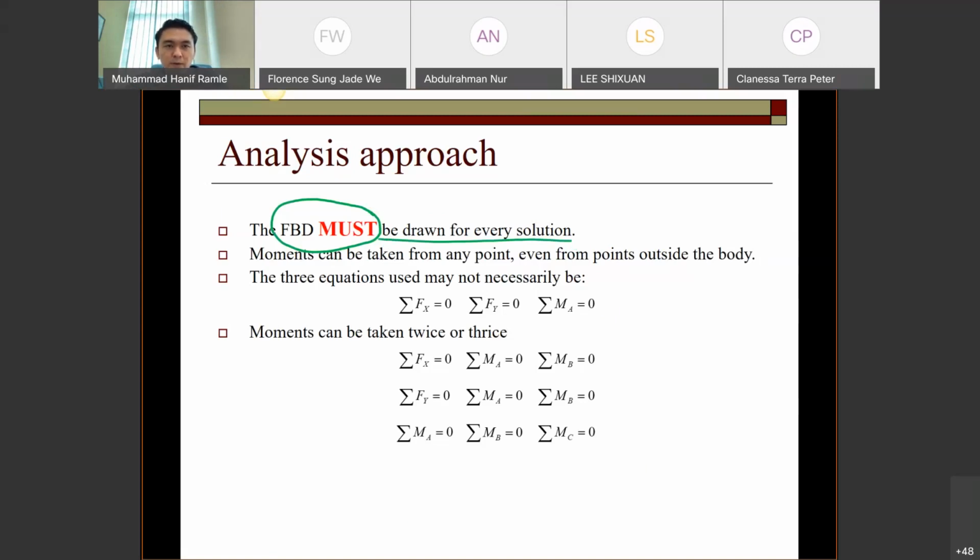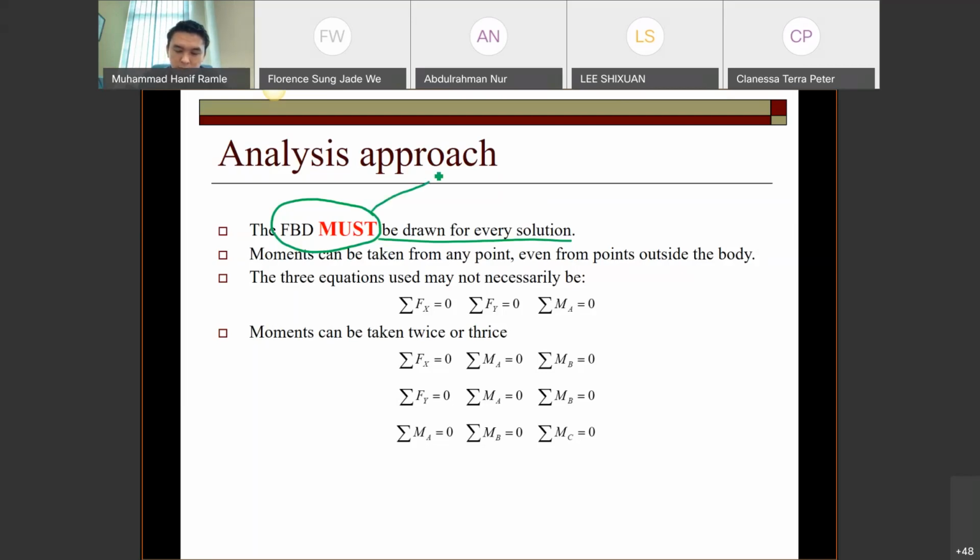For every single system from the question, from the real life condition, you must draw the FBD. Even in a test or final exam, if there is no FBD in your answer sheet, you will get 0 mark for the FBD. So make sure that you draw the FBD.